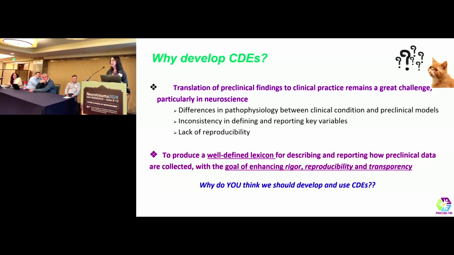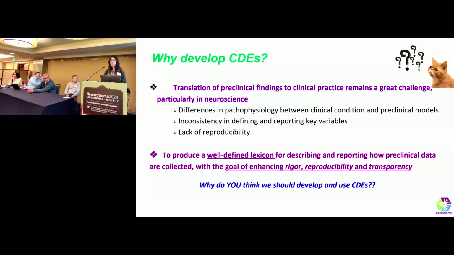Common data elements are not the same thing as an ontology. I know Monique and others are working on ontologies for TBI, and this is very important, so that it's semantically mapped. Common data elements will help with that process, but they don't replace it.